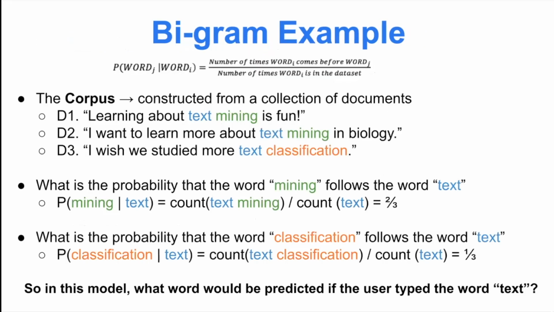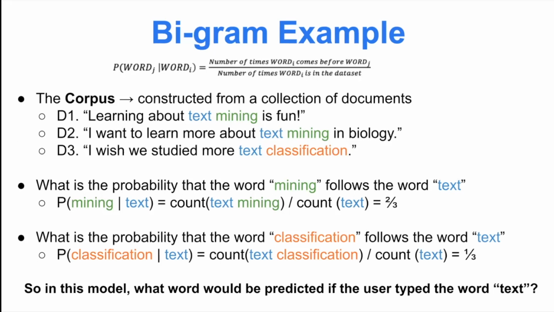If we consider a simple example with a corpus made out of 3 documents: document 1, "learning about text mining is fun"; document 2, "I want to learn more about text mining in biology"; and document 3, "I wish we studied more text classification." We could consider the probability that the word mining follows the word text.